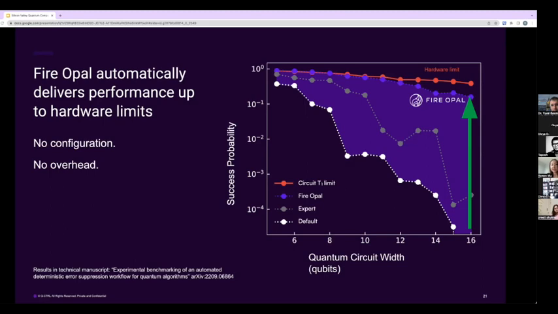And these are just ways of quantitatively measuring quantum decoherence and characterizing it in terms of the actual amount of time that qubits are actually usable on the machine. So these hardware limits, we're not getting anywhere near them today using the default configuration of the machine.